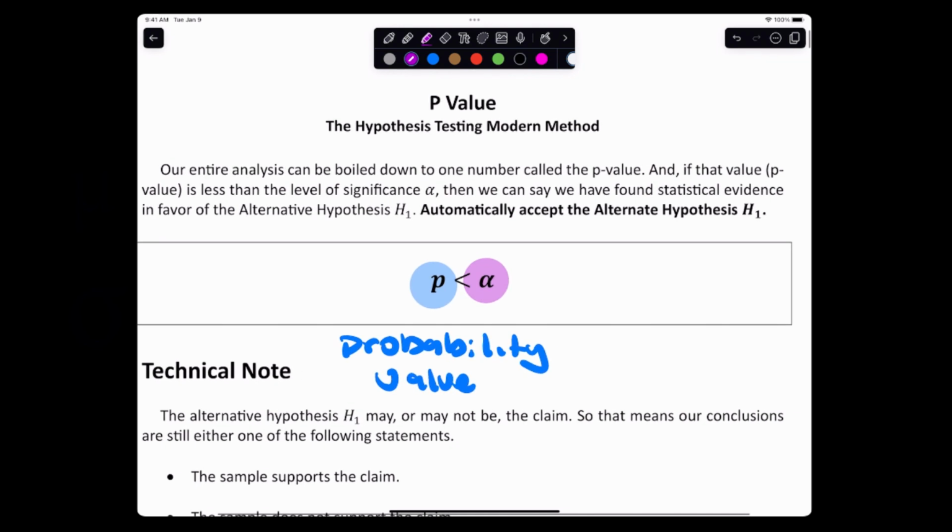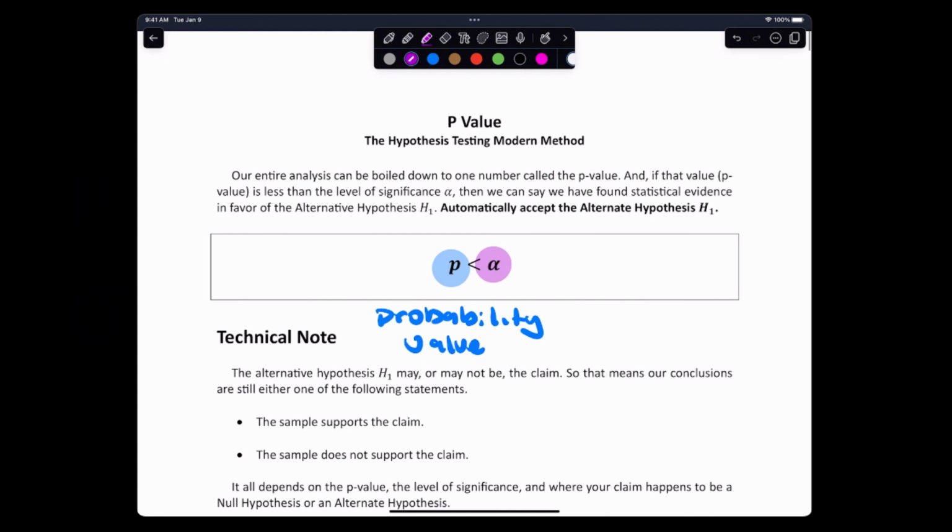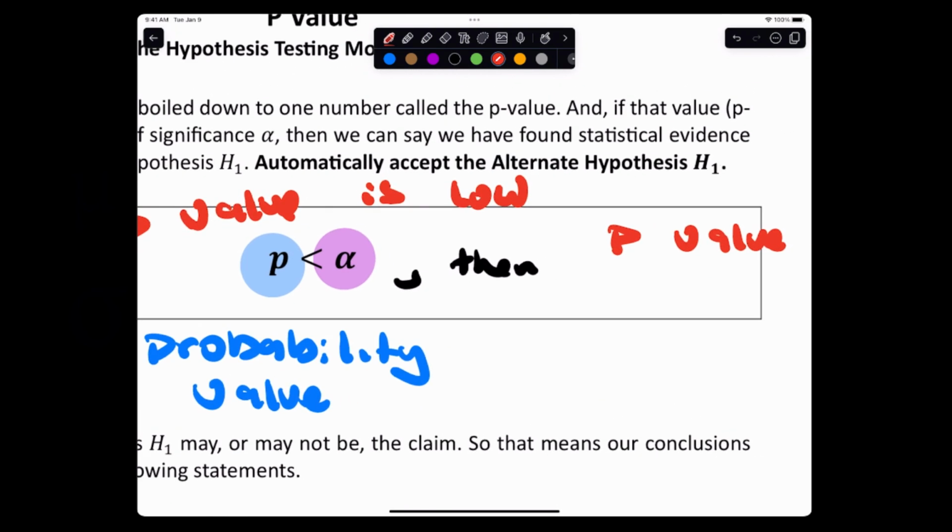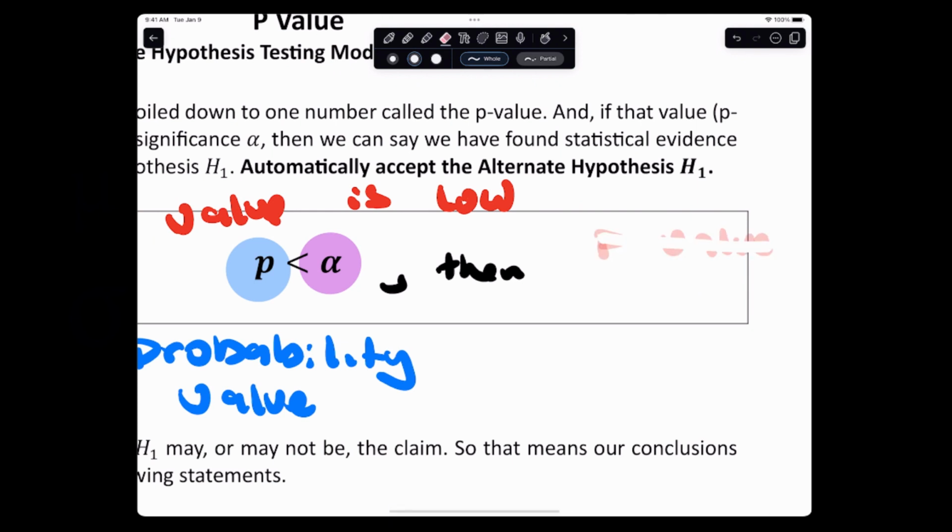Now, here's what we really want to know. If we have this statement here, then essentially we say the p-value is low. So this is saying that your p-value is low if it's less than the level of significance. If the p-value is low, we say the null has to what?